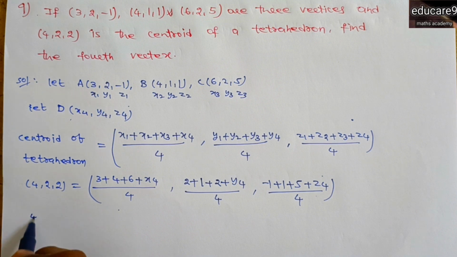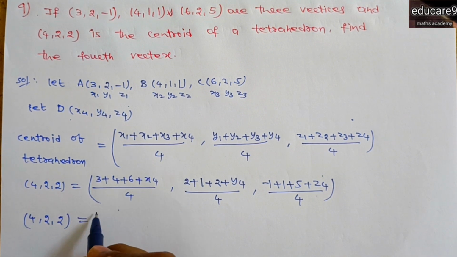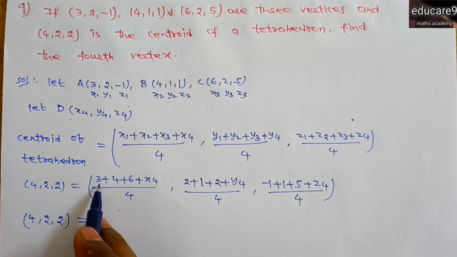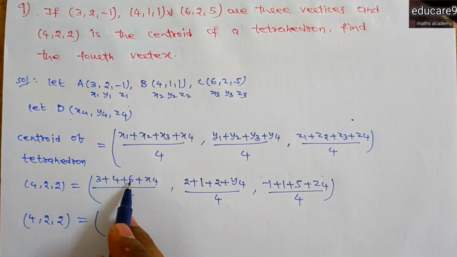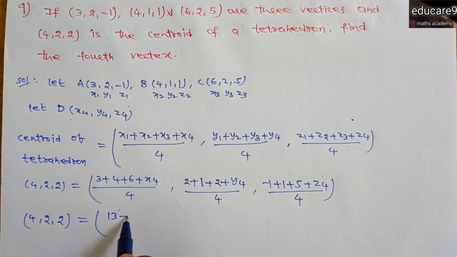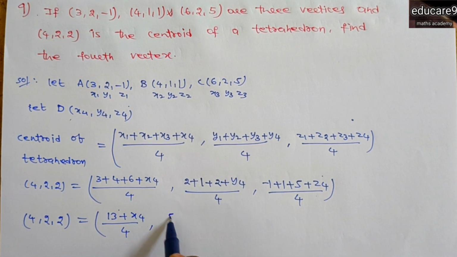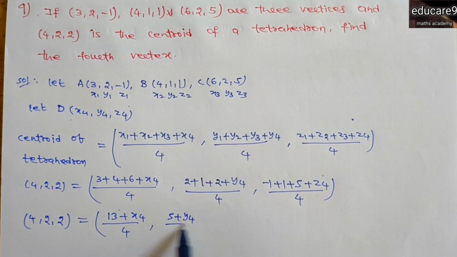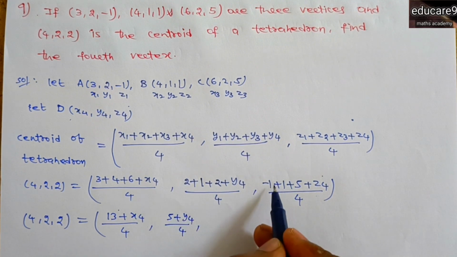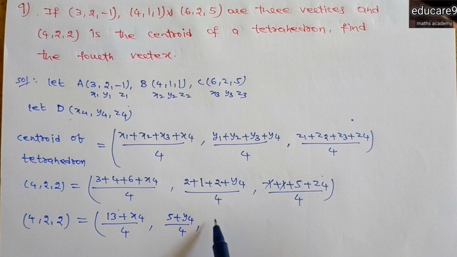Now (4, 2, 2) equals: 3 plus 4 is 7, plus 6 is 13, plus x4, divided by 4; 2 plus 1 is 3, plus 2 is 5, plus y4, by 4. Next, minus 1 plus 1 cancel, so z4 by 4.